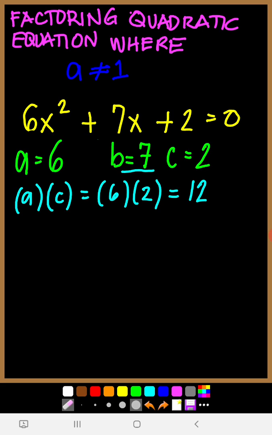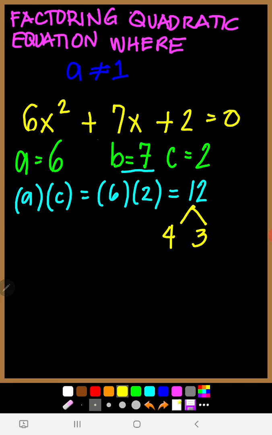So, for 12, yes, we have 6 times 2. That is 12. But 6 plus 2 is not equal to 7. Another factor of 12 is 4 times 3.